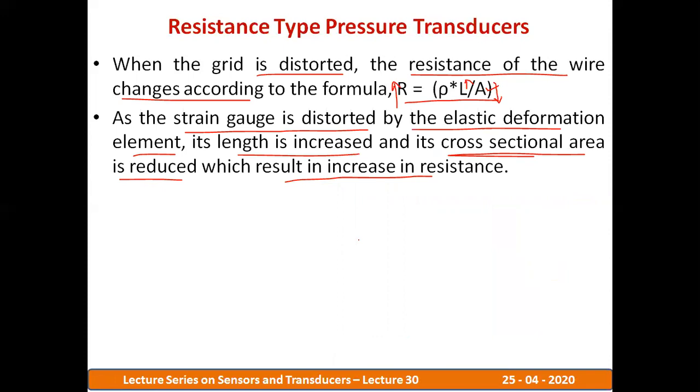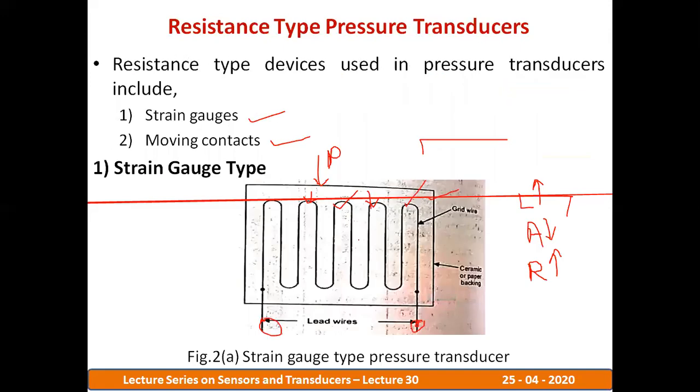By the voltage value we are getting, we can calibrate that value to its equivalent pressure. In that way, we can measure the pressure value. Correct. So basically here pressure is converted into its equivalent resistance.